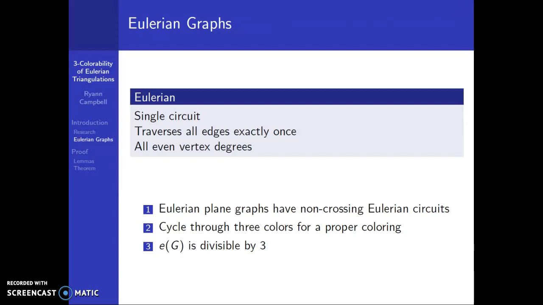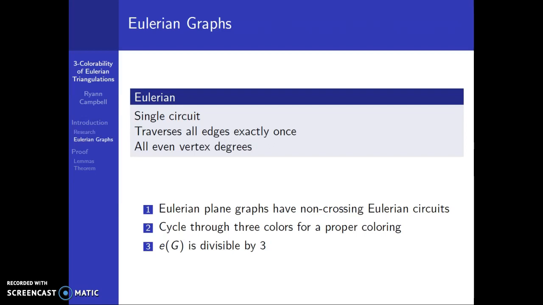Eulerian graphs are going to be one of our main focuses in our proof, especially Eulerian triangulations. We have studied Eulerian graphs this semester. An Eulerian graph is a single circuit traversing all edges exactly once. A graph with all even vertex degrees is considered Eulerian.